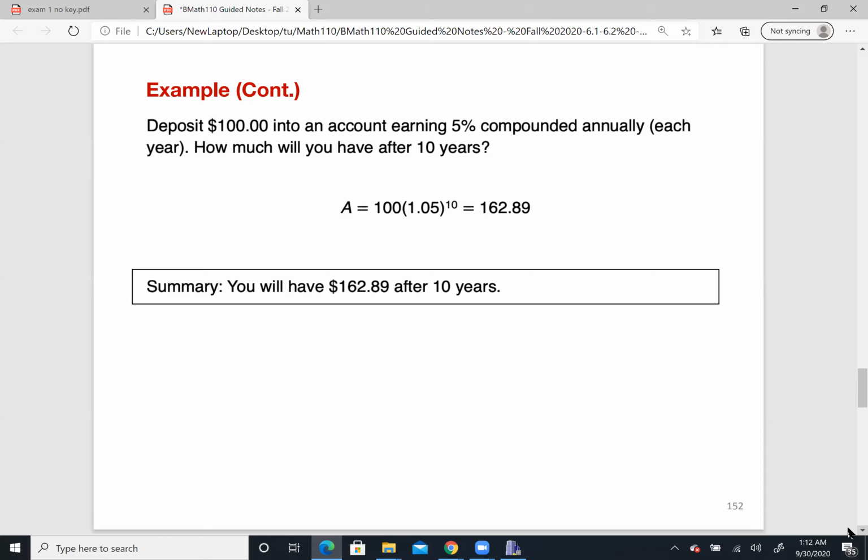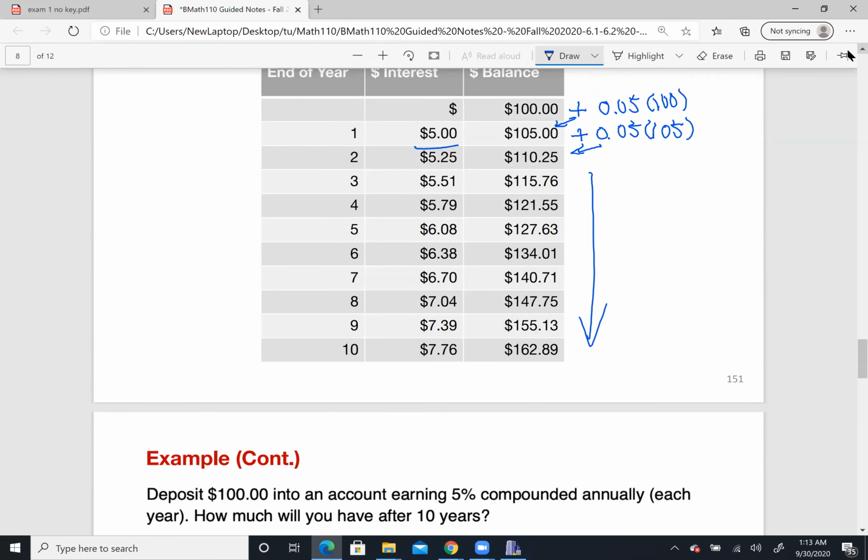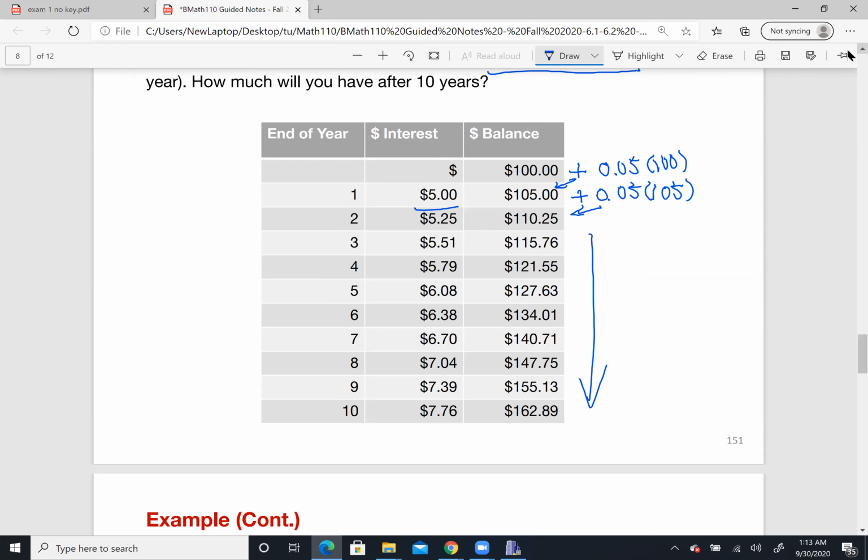So where is 1.05 from? Let's move up a little bit. I have 162.89 here after 10 years.